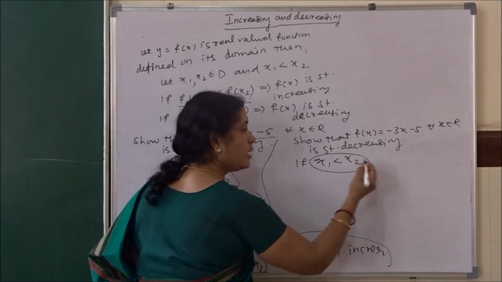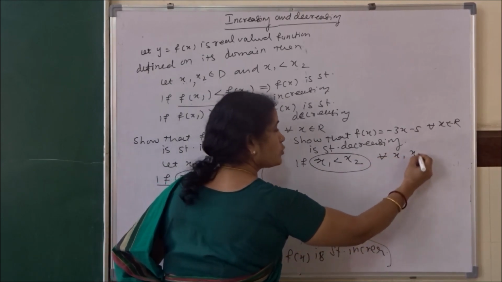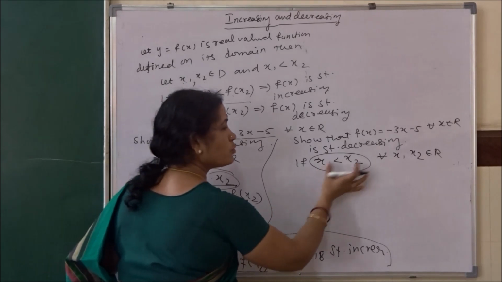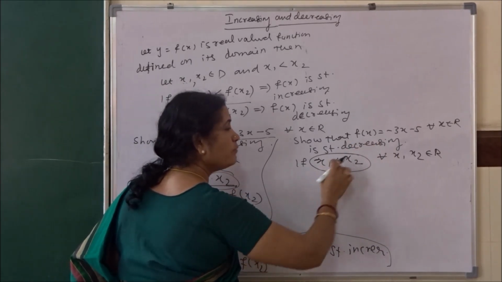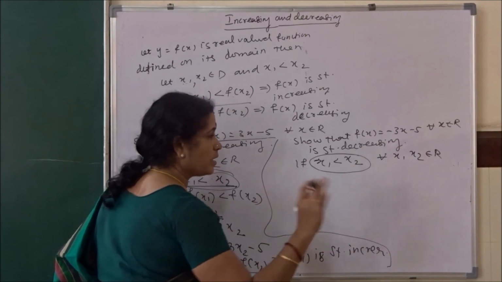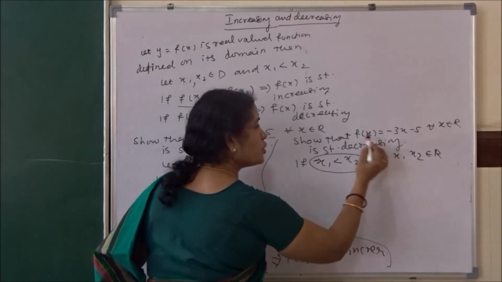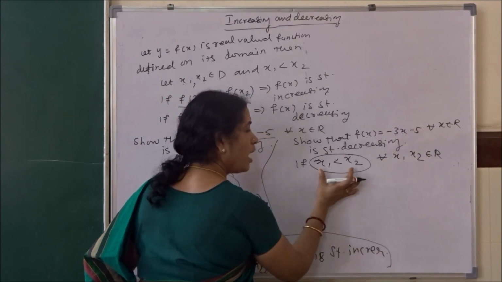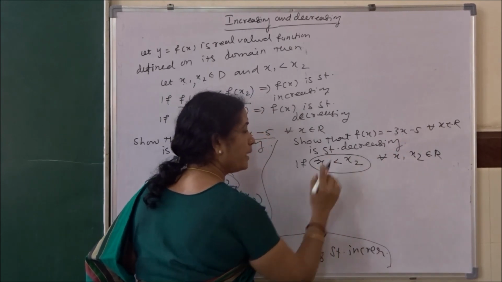Now I am taking x1 less than x2 for every x1, x2 belongs to real numbers. Okay, fine. Now, as per the question, I have to prove f of x1 greater than f of x2, then we say as per the definition it is decreasing. Am I correct? Now, what is f of x1? Minus 3x1 minus 5. So I have to multiply both sides by minus 3.